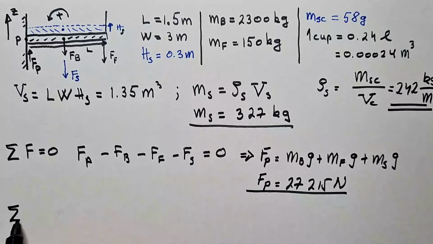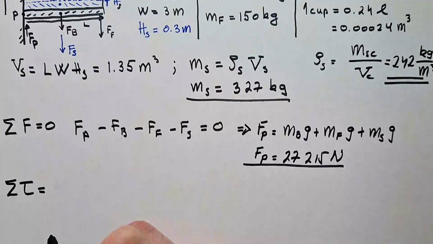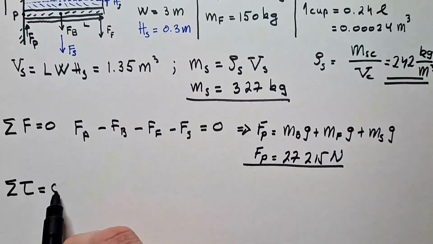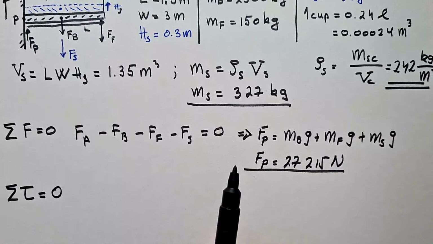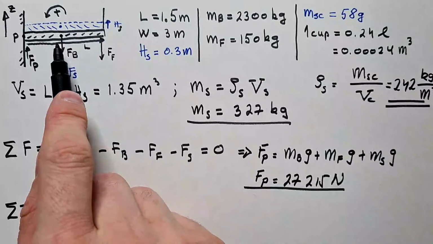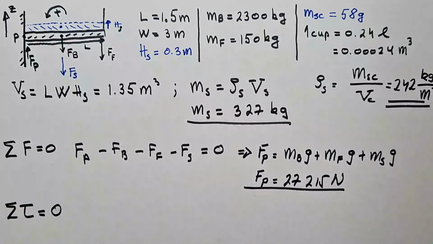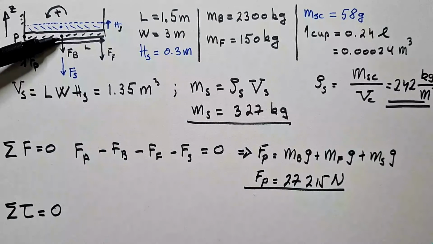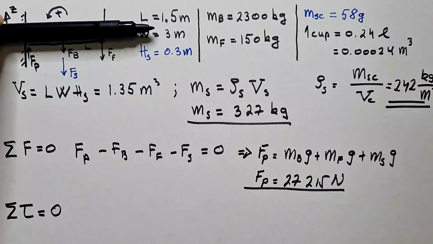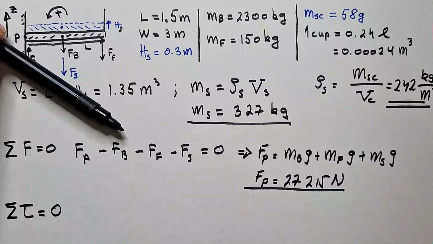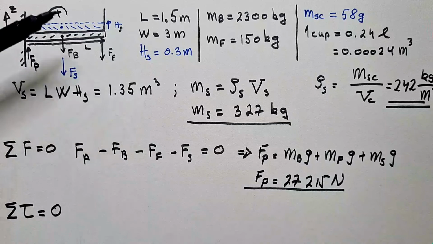In a similar fashion, we can calculate torques, using the principle of statics that the sum of all torques needs to be zero. You will observe here that snow, balcony and fence are creating negative torque. Namely, they want to twist the balcony in this way, which is the clockwise direction, which is negative torque.